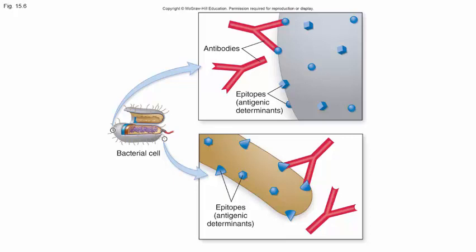So when we talk about something being immunogenic, it has a relative ability of an antigen to elicit an immune response. Small molecules are usually not immunogenic. For example, small antigenic molecules may not trigger an immune response in a vaccine. You're getting into vaccines now here.